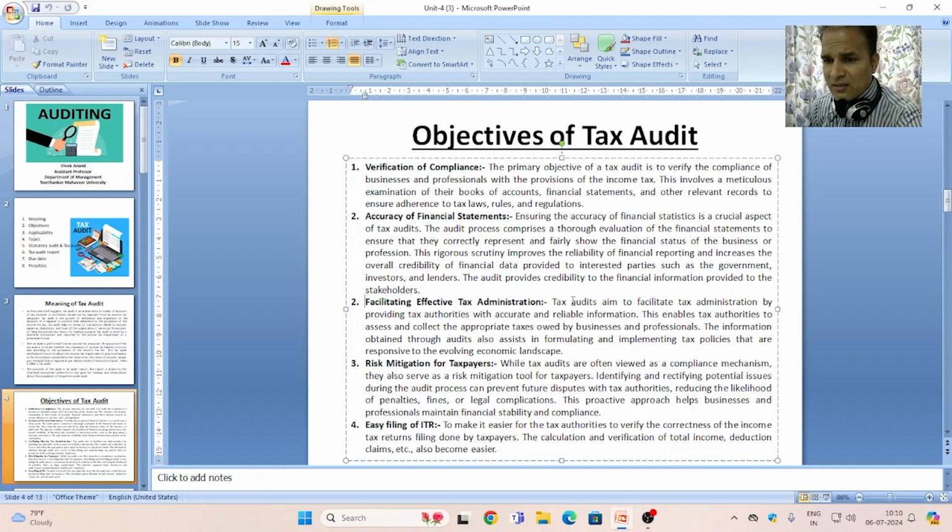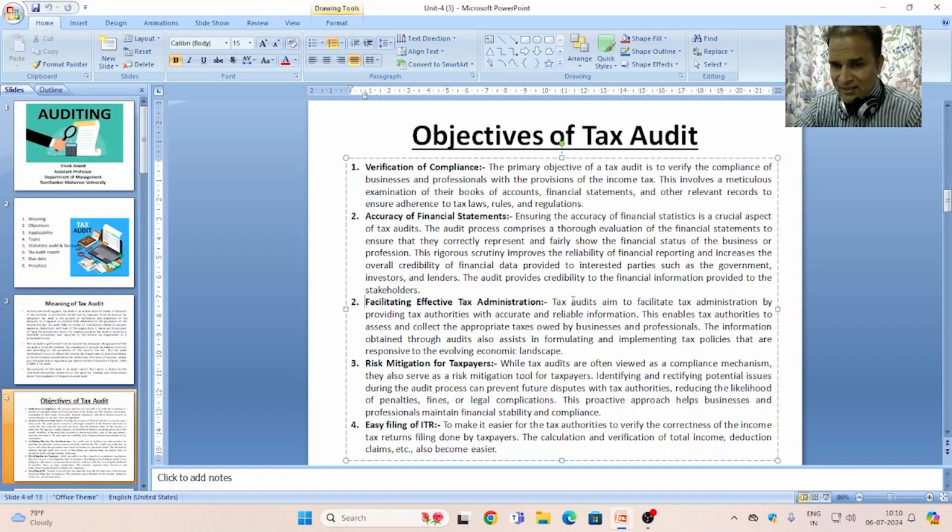The audit process includes a thorough evaluation of the financial statements to ensure that they are correctly representing and fairly showing the financial state of the business or profession.